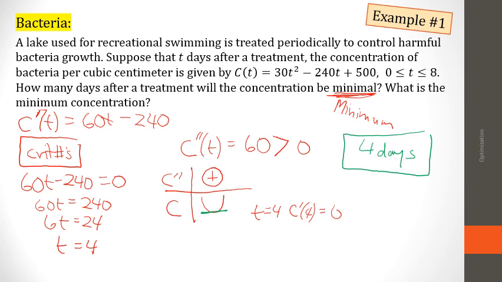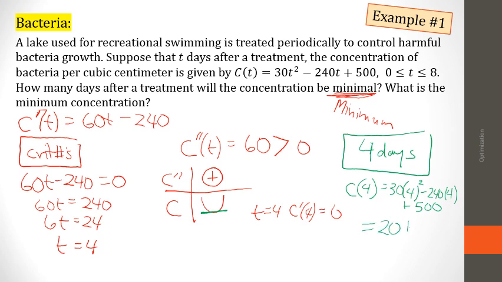Second question, what is the minimum concentration? So we need to find the concentration after 4 days. So C of 4, we plug that into the original equation, and that equals 20.